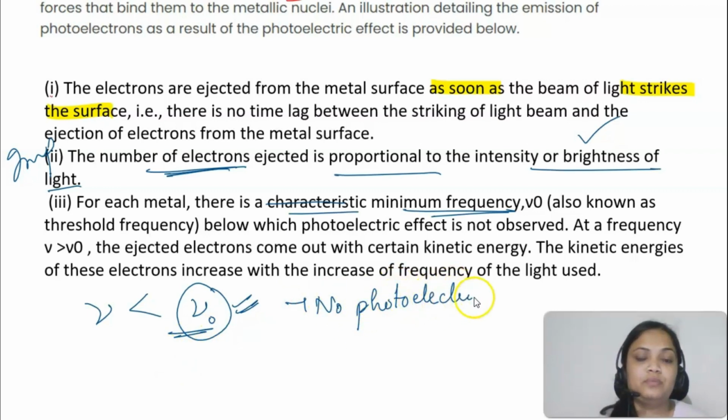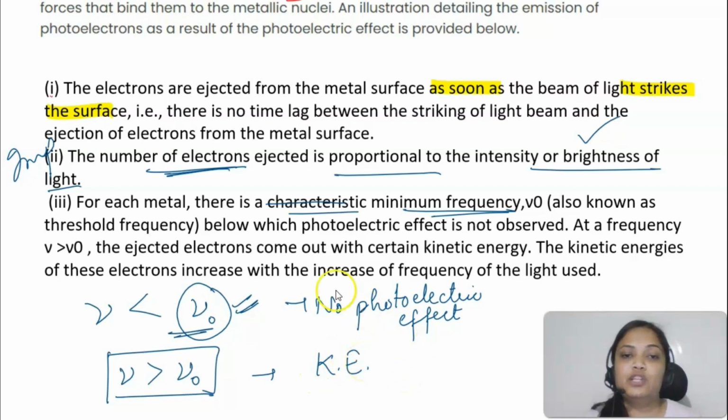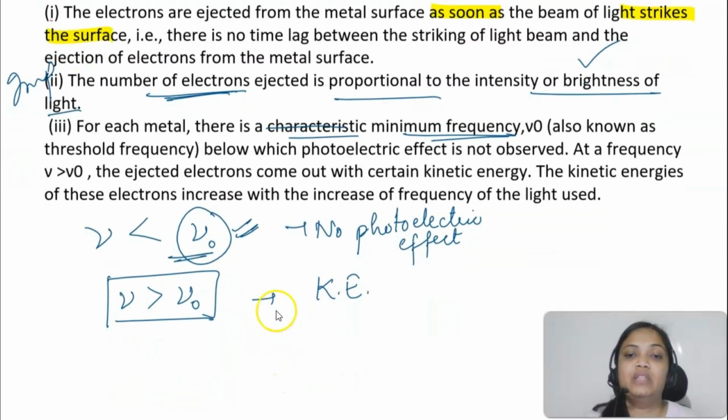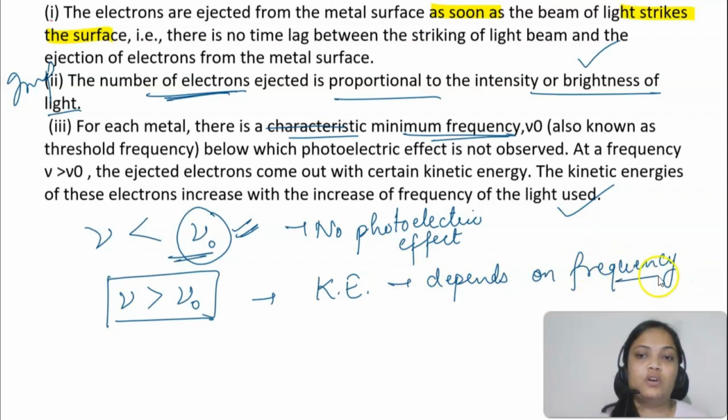If we take any frequency greater than nu naught, the electrons will come out with a certain kinetic energy. That kinetic energy will increase with the frequency of the light used, not with the intensity of light. Students, kinetic energy depends on the frequency of the light used, not on the intensity.